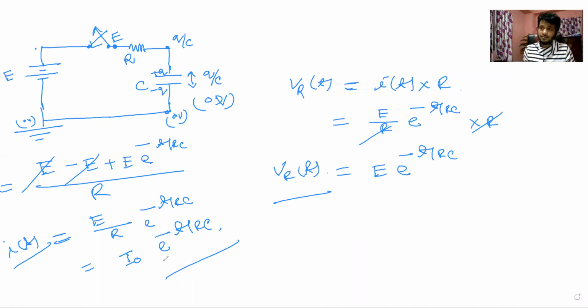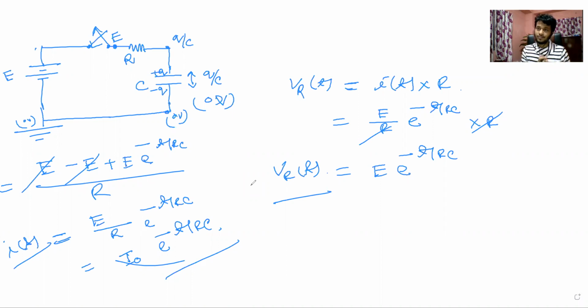So these are the equations for calculating the transient voltage across the capacitor, the transient voltage across the resistor, and the transient current through the circuit, isn't it? Yes, sir. These are the equations obtained from the transient behavior of the charging phase of the capacitor, that means between initial state and steady state, isn't it?